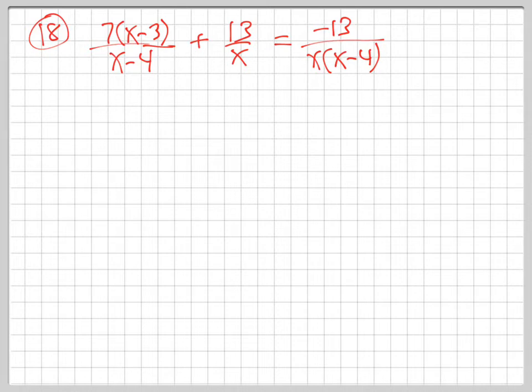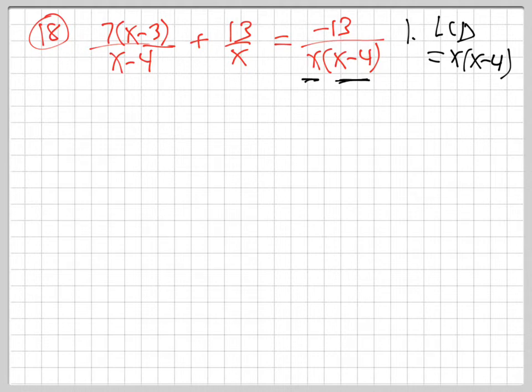So step one, we're going to do LCD over 1. The LCD is x times x minus 4. You need the solo x, and you need the x minus 4 glued package. Remember, plus and minuses glue things together? So you need x alone and the x minus 4 package. You need one of every type of thing that's in the denominators.